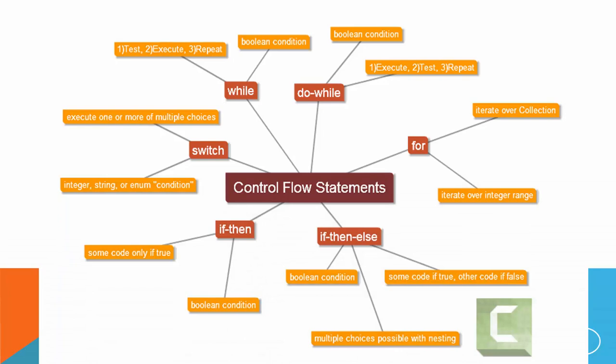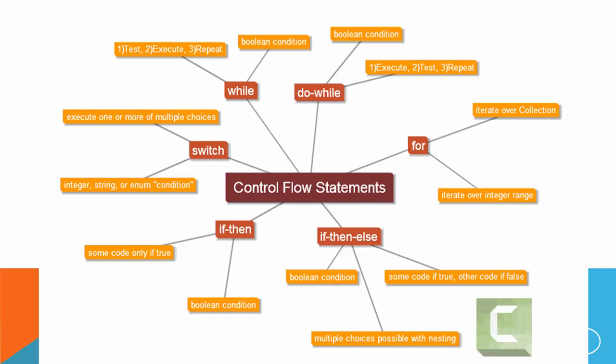So we are done with switch. Now there are other 3: while, do while and for. These 3 are used when you are trying to do some operation in a repeated way.